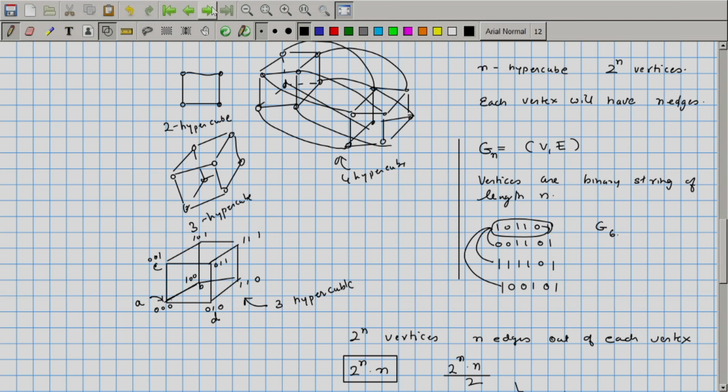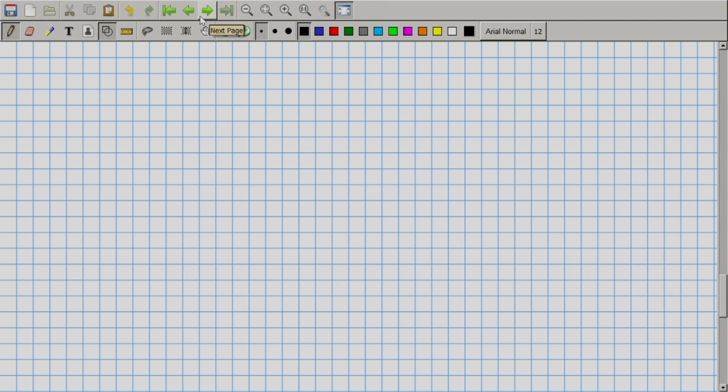Okay. So, now we have the complete description of our problem. The network topology is that of an n dimensional hypercube, and we need to do permutation routing.